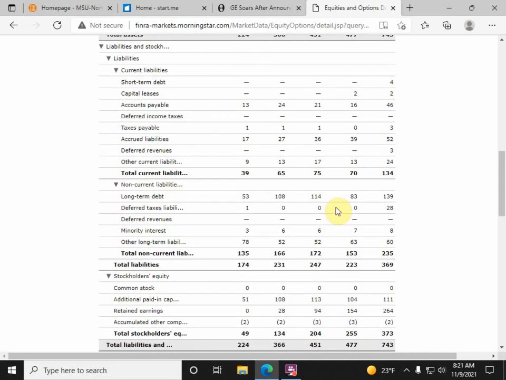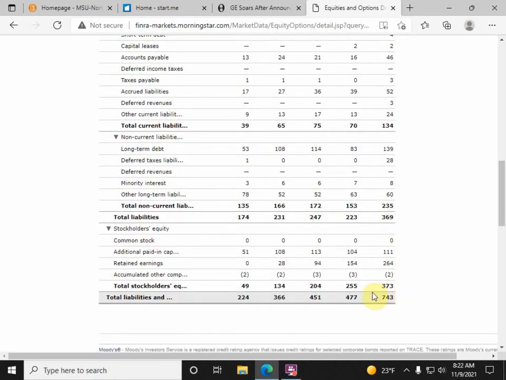If you're buying it, you're buying $373 million in assets on a book basis. But what do you do with that other 1.2? That's what's called goodwill. It shows up on the balance sheet of the acquirer, and then they basically depreciate that. They amortize it, is what that's called, as opposed to depreciation. They get to write that off over a period of time, that goodwill. Okay, so that's what goodwill is.